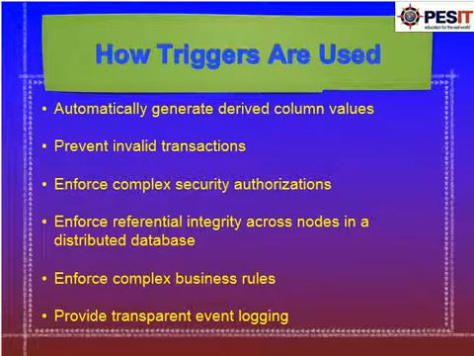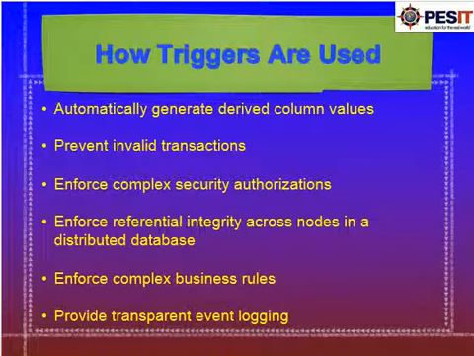The first one is to automatically generate derived column values and prevent invalid transactions, enforce complex security authorizations, and enforce referential integrity across nodes in a distributed database.